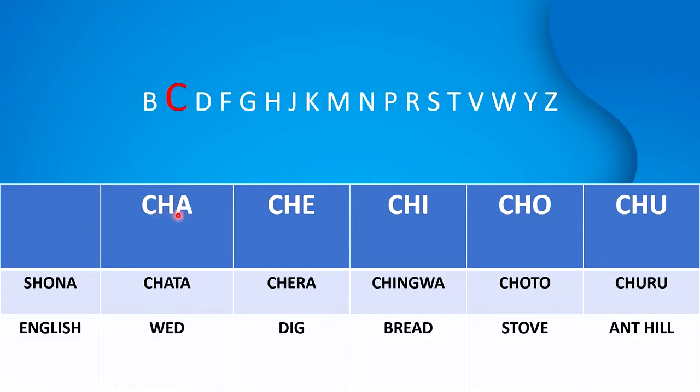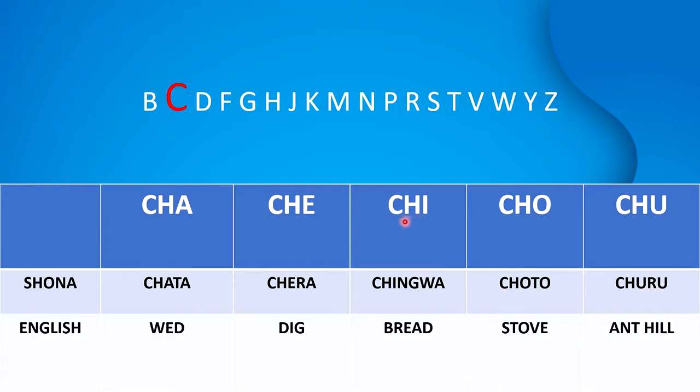So if we add the vowel A to CH, you pronounce it as cha. If you add the vowel E to CH, it's che. If you add the vowel I to CH, it's chi.